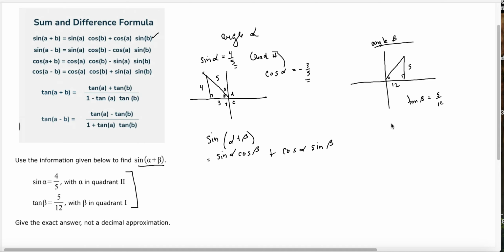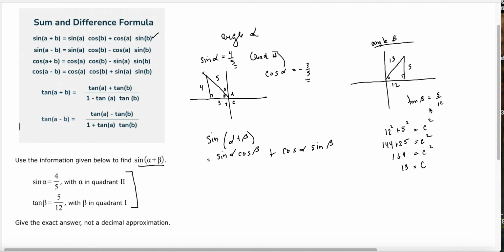Again, we can use the Pythagorean theorem to find the hypotenuse. 12 squared plus 5 squared is equal to the hypotenuse squared. So 144 plus 25 is equal to c squared, or 169 is equal to c squared, square root of 169, and we get 13. So the hypotenuse is 13.